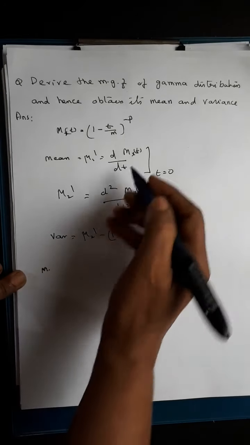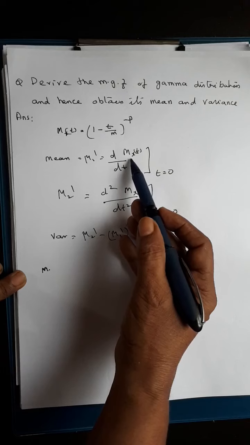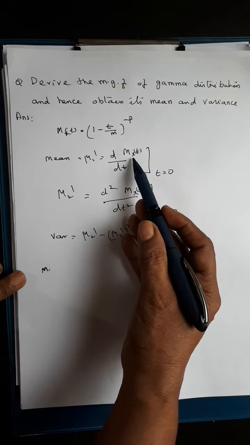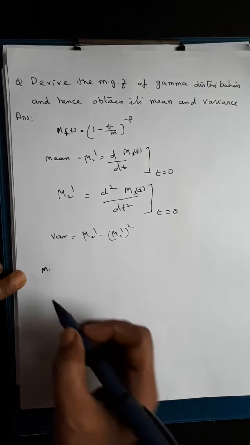These are the basic things we want to remember. For finding mean, we have to first find d by dt of Mx(t), that is first order derivative of Mx(t) with respect to t.